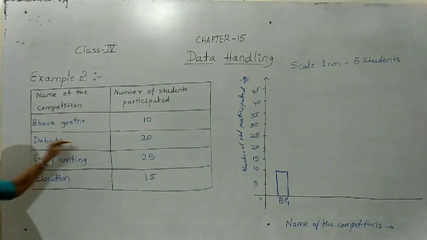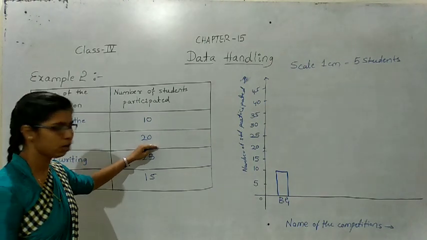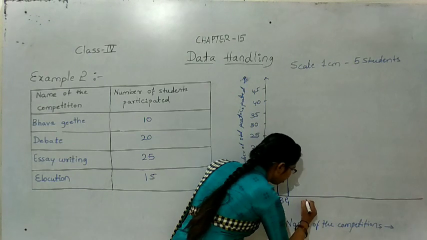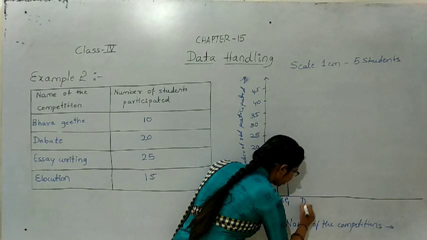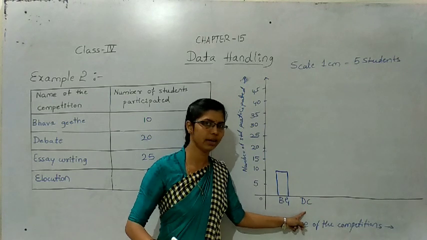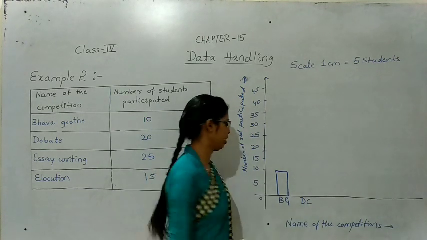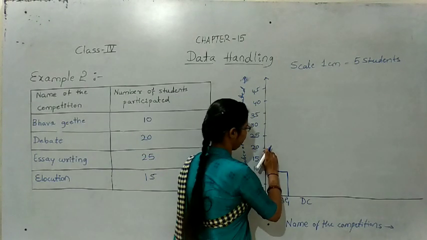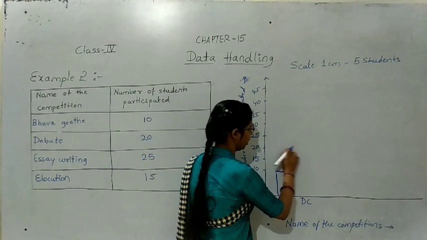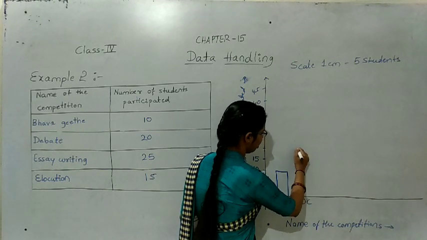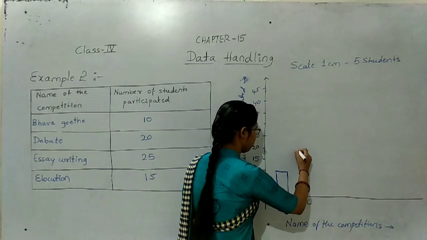Next one is debate. Debate competition. How many members are there? 20 members. Debate, DC. D means debate, C means competition. How many members? 20, exactly equal to 20. I should draw one bar here.